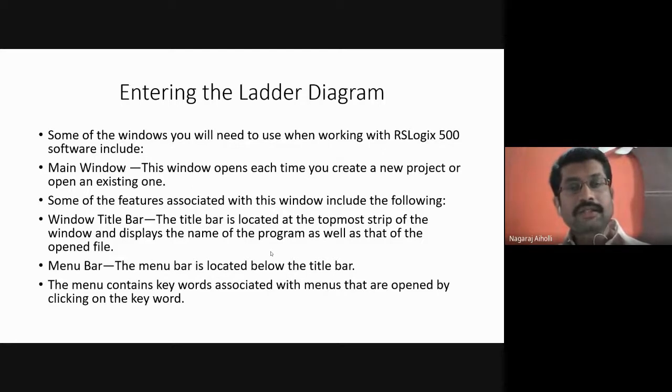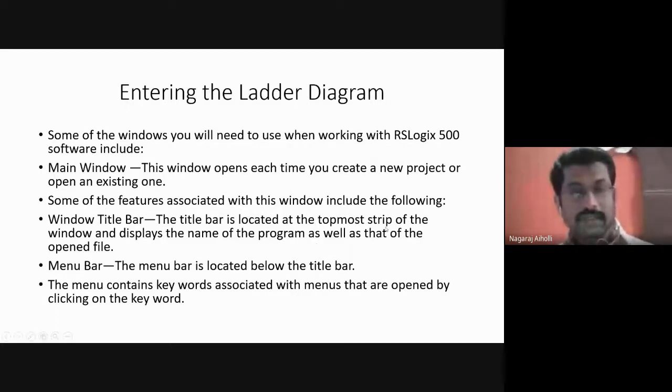The main window is what opens up when you want to create a new project or write a new program. Whatever screen comes up is your main window. And what I told just now, the file name and the folder name, that is your title bar. That particular location is called the title bar.